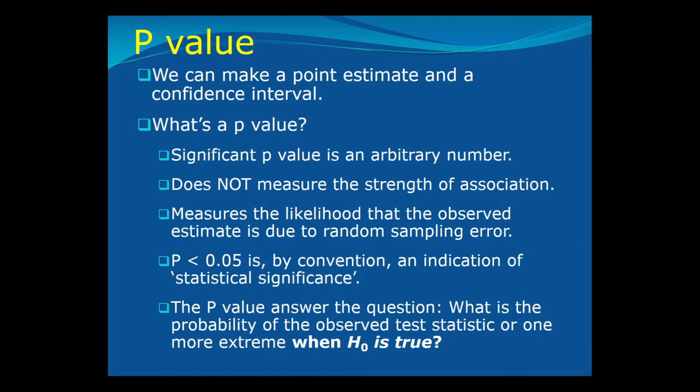It measures the likelihood that the observed estimate is due to random sampling error. If we get a p-value less than 0.05, this means, by convention, an indication of statistical significance. The p-value answers the question, what is the probability of the observed test statistic, or one more extreme, if H0 is true?